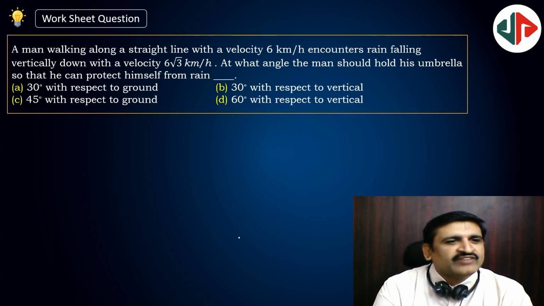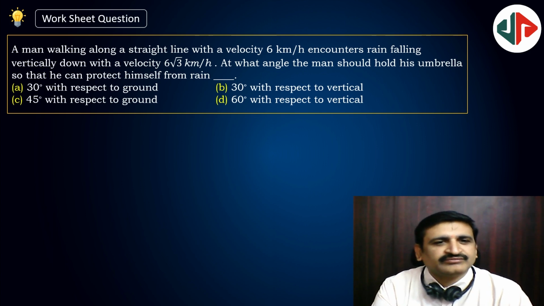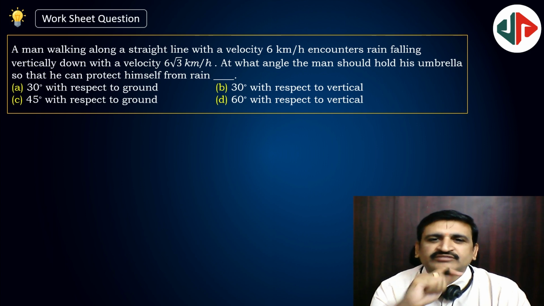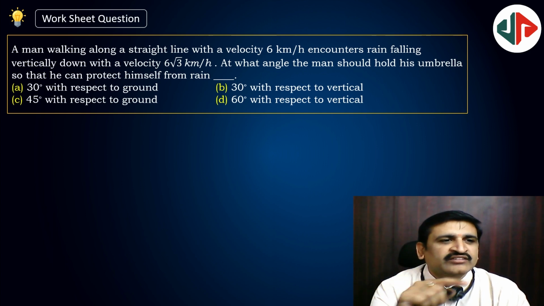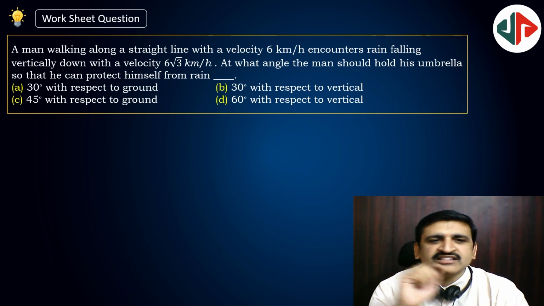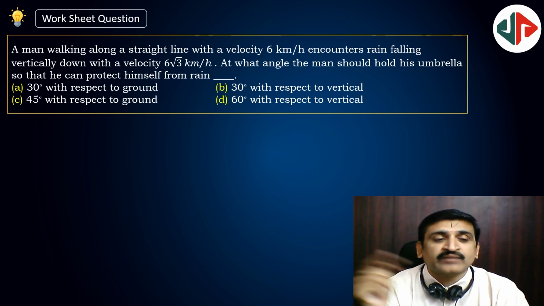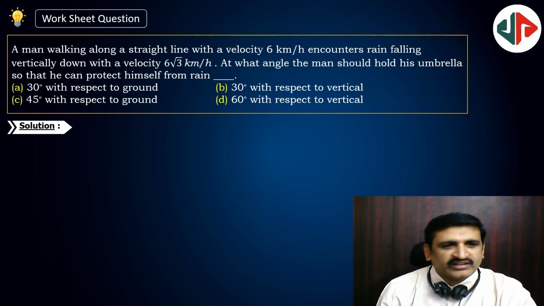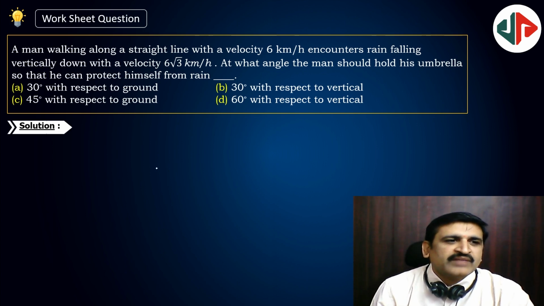A man walking along a straight line with velocity 6 kilometers per hour encounters rain falling vertically down with velocity 6√3. At what angle should the man hold his umbrella so that he can protect himself? This type of problem can be solved in the easiest way like this. The velocity of the man is 6 kilometers per hour.